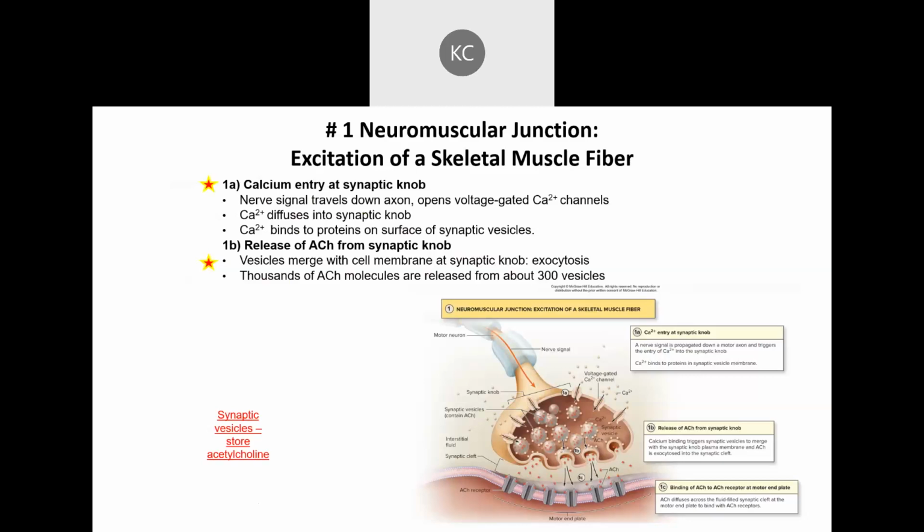It turns out that calcium is the stimulus for the synaptic vesicles that have their acetylcholine to begin exocytosing their neurotransmitters into the synaptic cleft, right? So we begin releasing acetylcholine into the synaptic cleft upon calcium influx into the cytoplasm of the neuron.